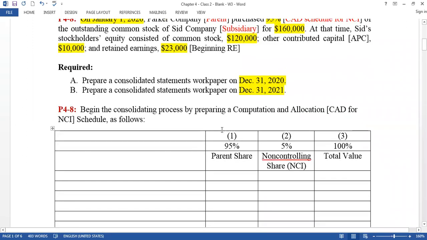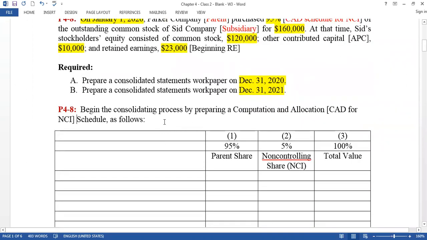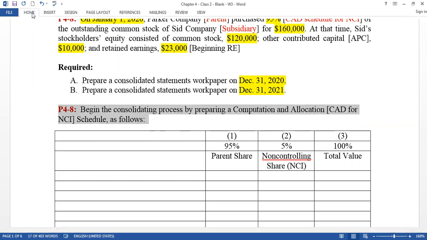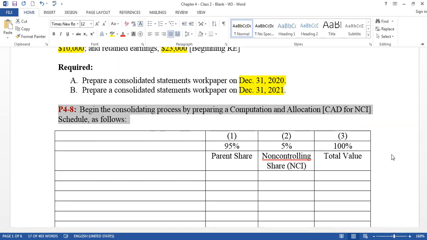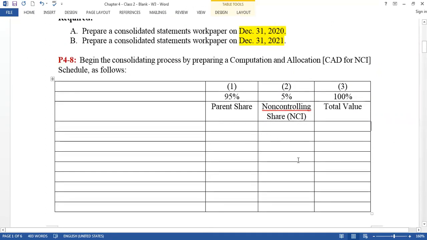If you want to solve this question accurately, you have to begin with the CAD schedule to establish non-controlling interest. Again, in chapter 3 you learned this concept. So I'm just going to show you the solution, but not explain too much.